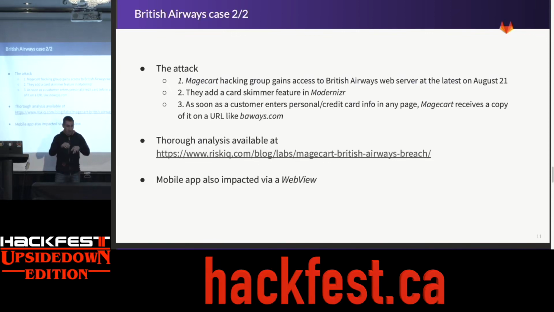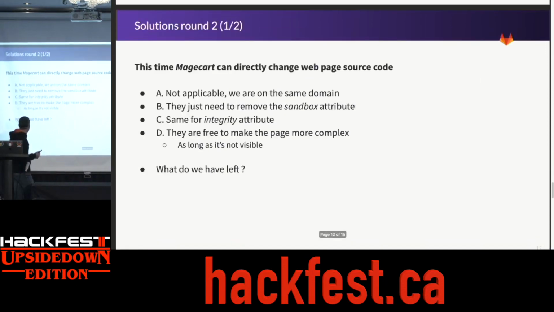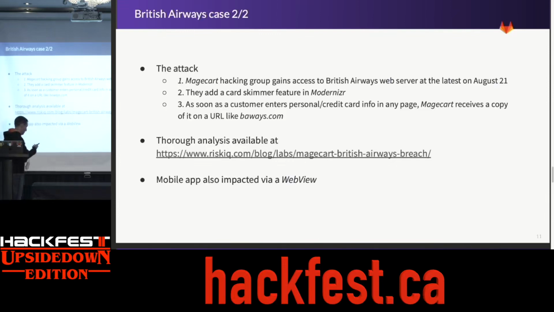As soon as someone types personal information or credit card data, they steal this data directly from the browser and send it to a fake domain, whose name is interesting: baways.com. So it really looks like a domain from British Airways. Even if you're paranoid and use a no-script extension, you see baways.com, it should be British Airways, so you would authorize it. It's kind of well done.